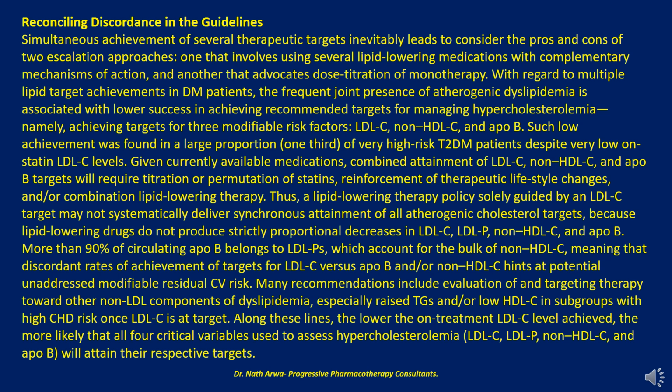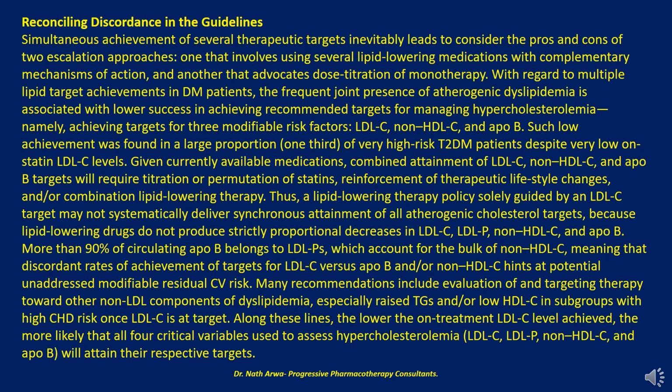Thus, a lipid-lowering therapy policy solely guided by an LDL-C target may not systematically deliver synchronous attainment of all atherogenic cholesterol targets, because lipid-lowering drugs do not produce strictly proportional decreases in LDL-C, LDL-P, non-HDL-C, and ApoB.